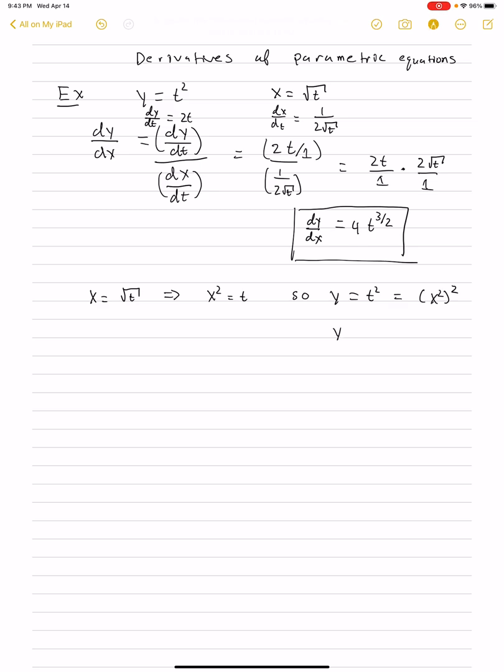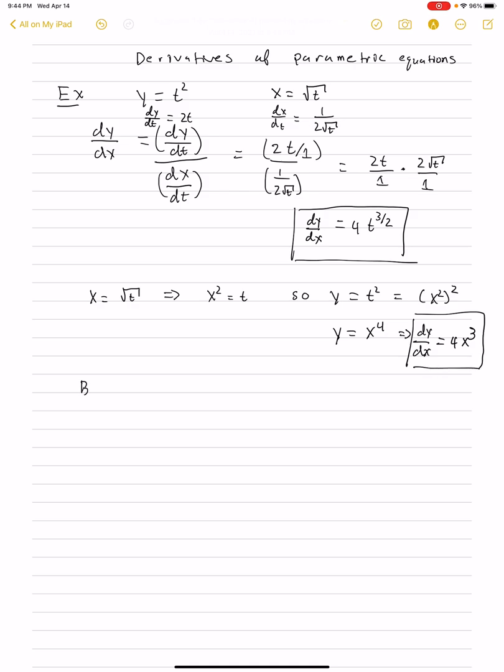So y is equal to x to the 4th. Great. Y is equal to x to the 4th, and this tells us dy/dx is equal to 4x cubed. Is that the same equation that we had before?